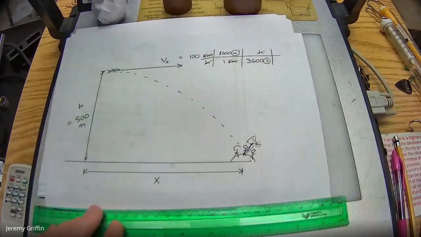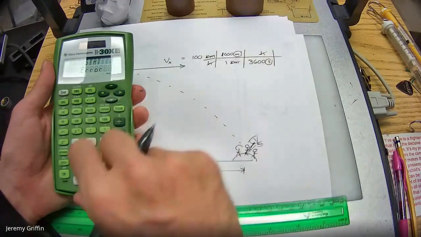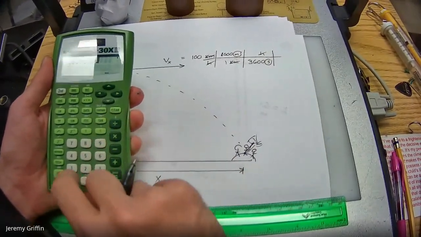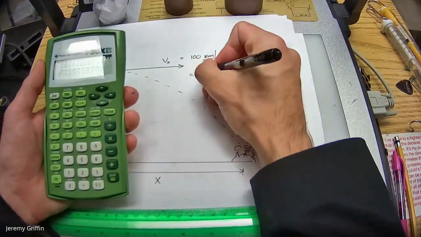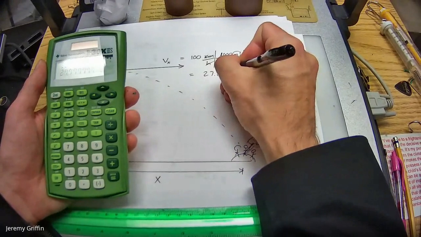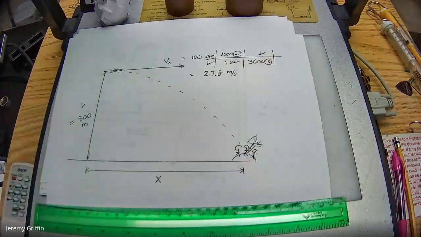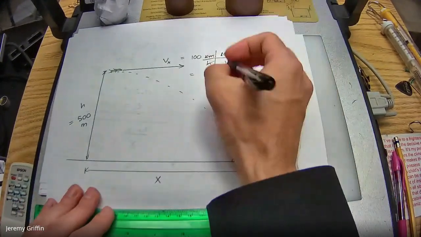Let's see the speed of the plane in meters per second. So 100 kilometers per hour is equivalent to 27.8 meters per second, which, by the way, is really close to about 62 miles per hour. So you cared about that.